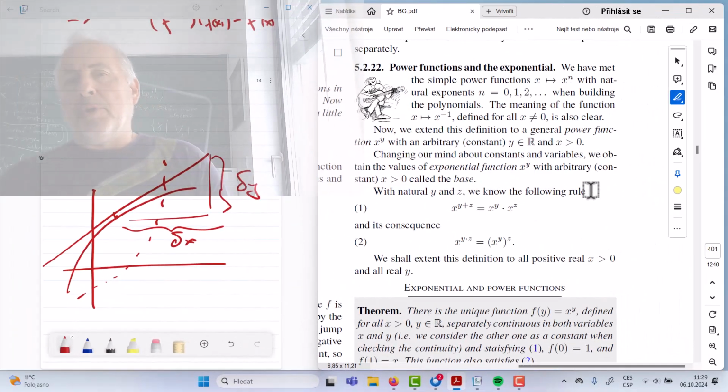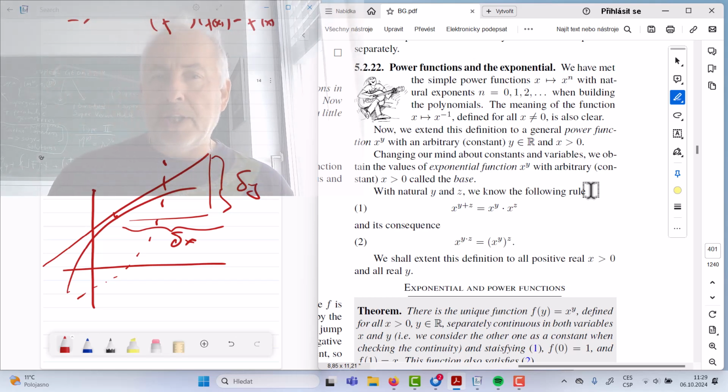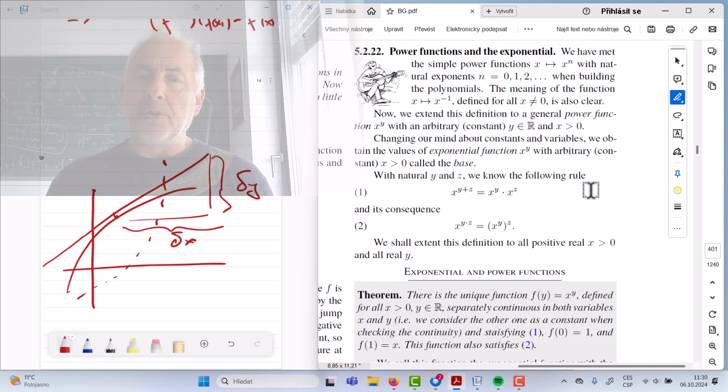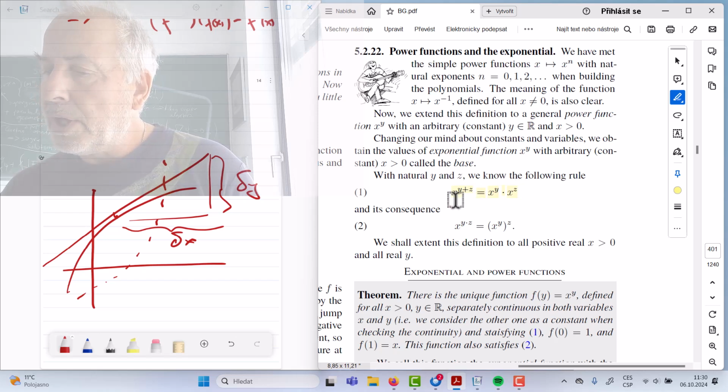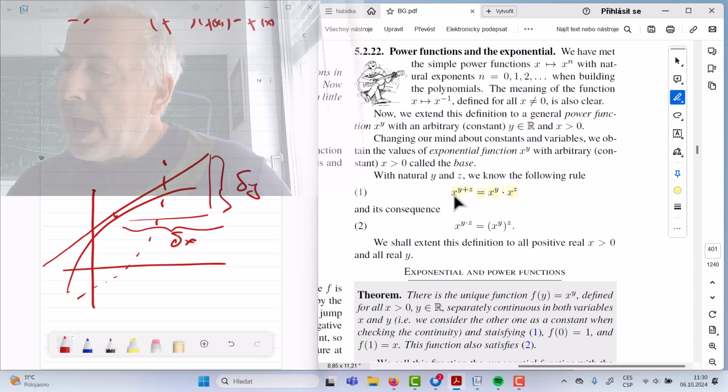For the power and exponential function, I perhaps didn't tell it last week, so let's go quickly for that now. This is something which I skipped. It's actually very easy to define them by using the continuity assumption. What we know is how it looks if you go with real x and natural y or z.